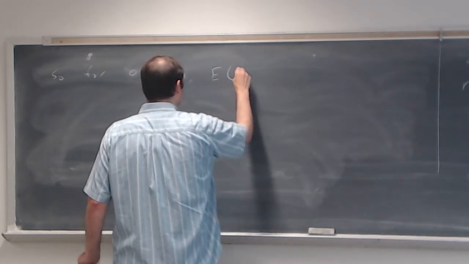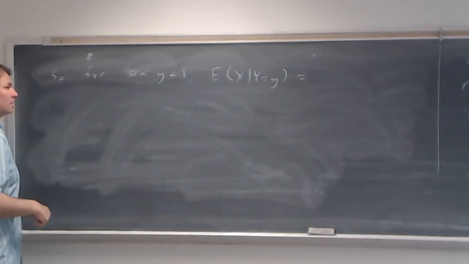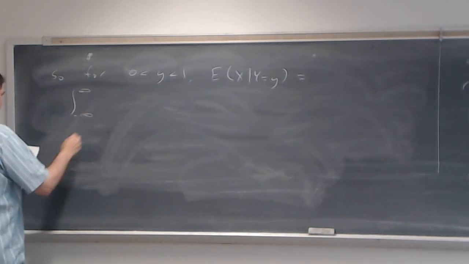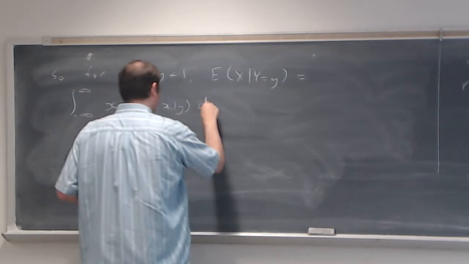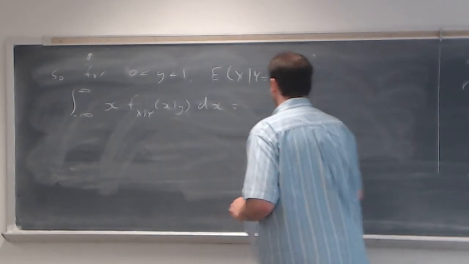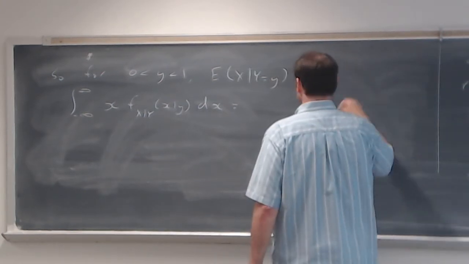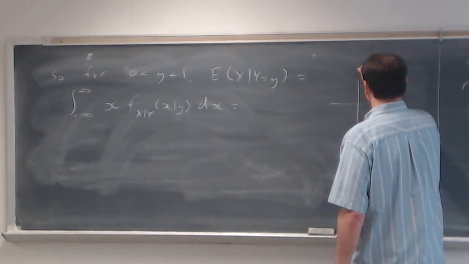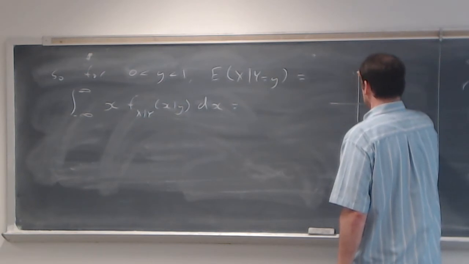The expected value of x given y equal to y would be equal to, well, it's an integral, so from minus infinity to infinity is the first thing we say, of x times the conditional PDF of x given y, dx, that's its definition. And then that's the same thing if we look at the region where the conditional PDF is defined.